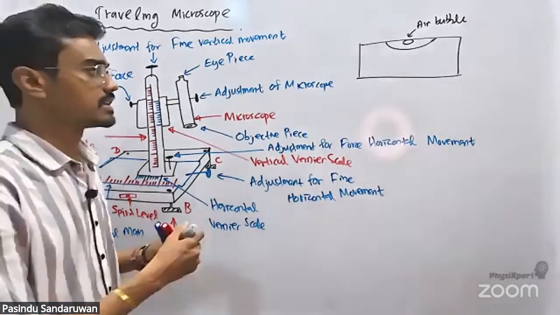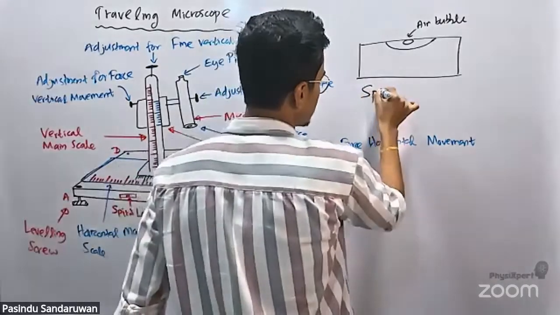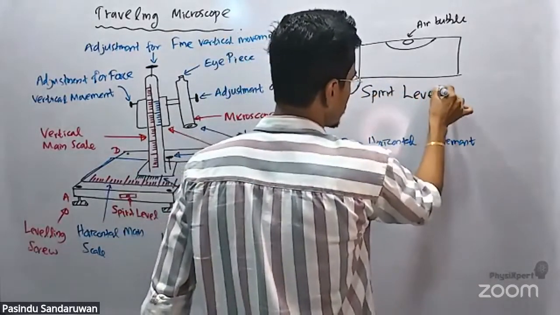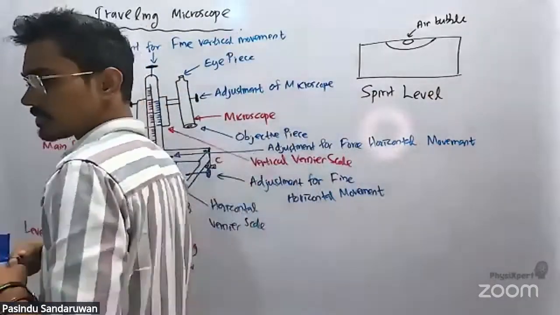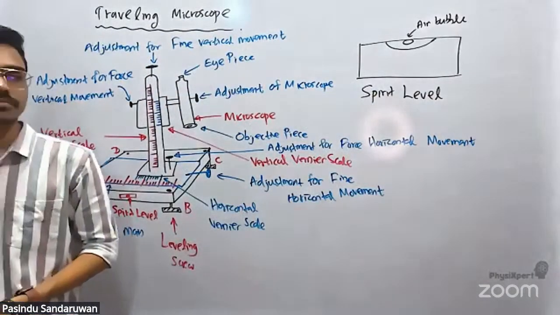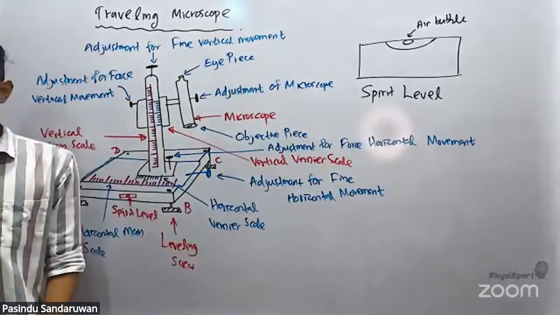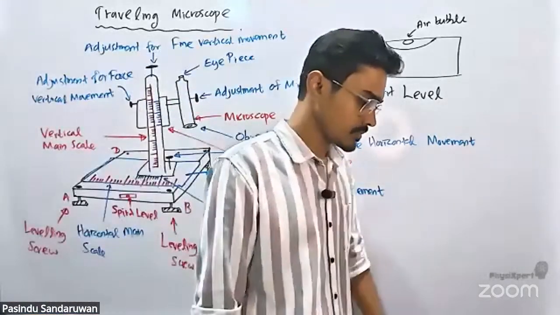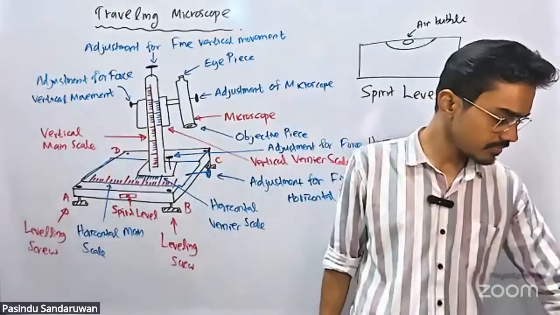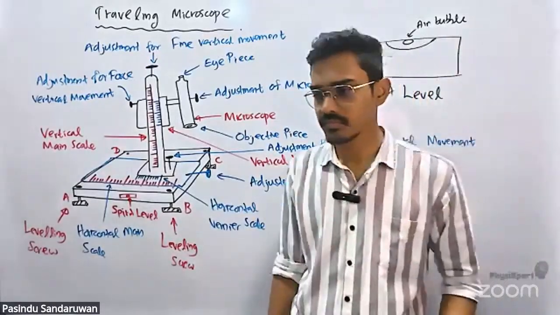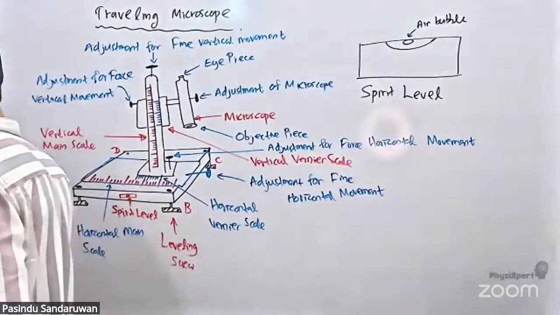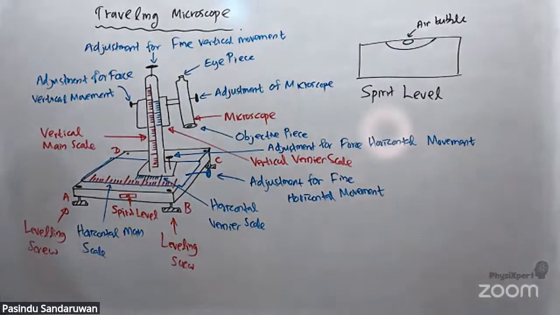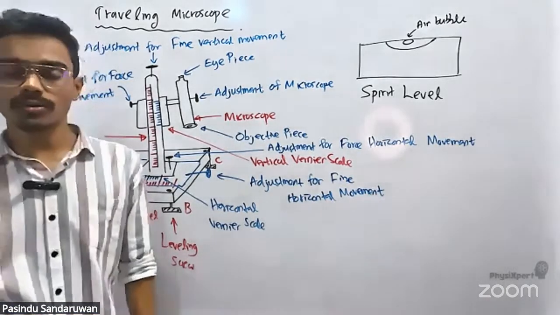This is the spirit level. It's a very popular instrument among masons because they use it to check the levels of walls, vertical and horizontal.